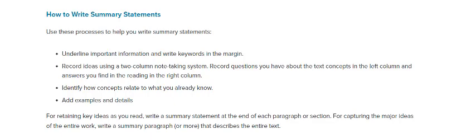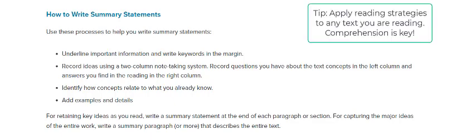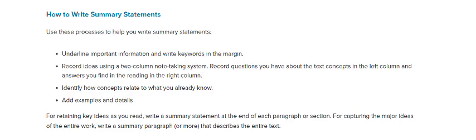If you've ever taken a reading strategies course, or a course that relates to how to enhance your reading skills, it's really important to take those elements and use them as you are developing your summary. First, we have underline important information and write keywords in the margin. This is a sort of annotation.